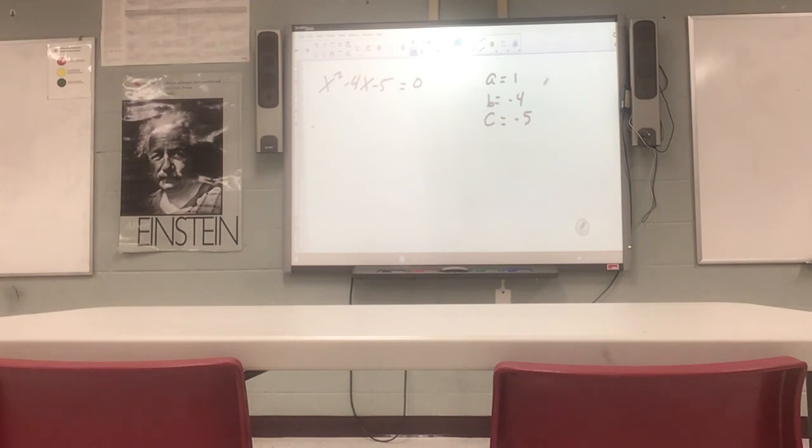My B is -4, so when I do negative B, that means I'm going to put +4. So x equals negative B plus or minus the square root of B squared minus 4AC all over 2A. Okay, so underneath the radical, let's simplify underneath there first.